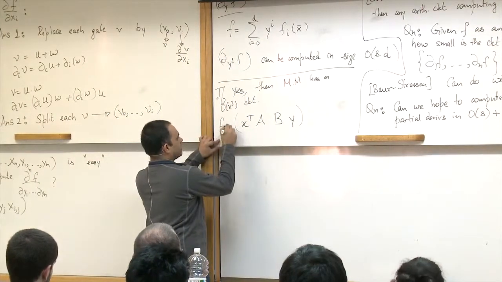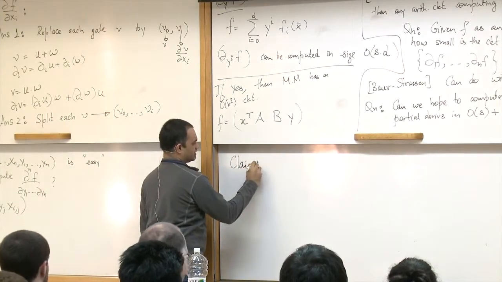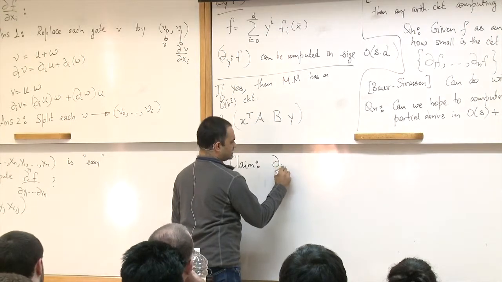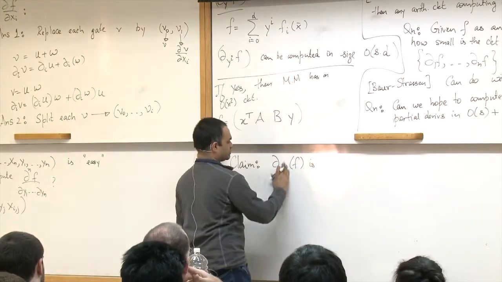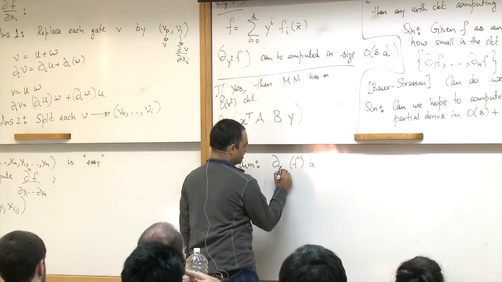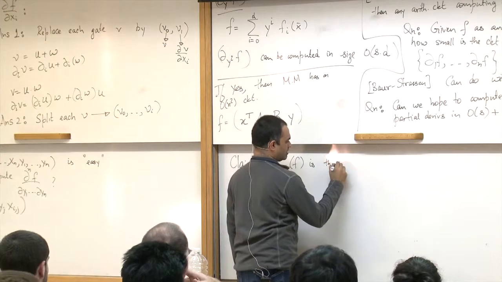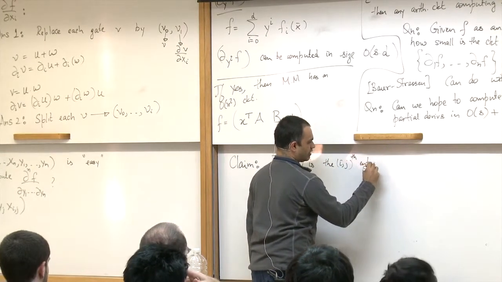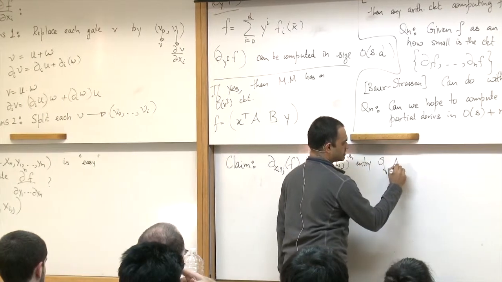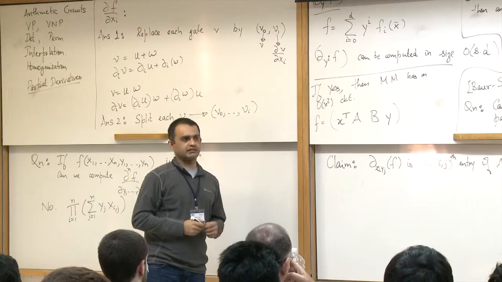Let's call this F. And the claim, it's a simple exercise, is that the partial derivative with respect to x_i y_j of F is the (i, j)th entry of A times B. This is just a simple thing to check.